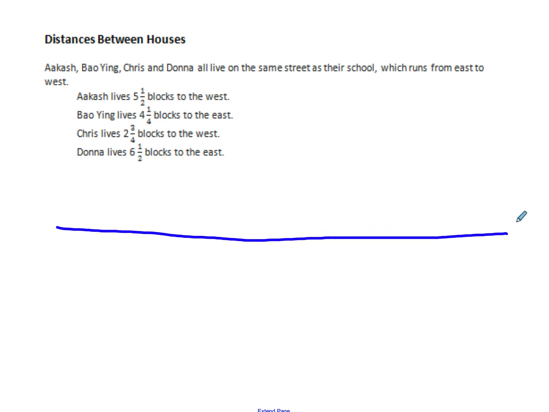First thing we're going to do is to set up a picture. I'm going to put arrows on the ends because my picture is really going to be like a number line. 0 is going in the middle, that's our school. Okay, I'm going to use little lines to represent the distances. There's west, here's the east.